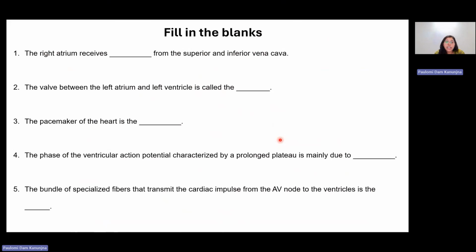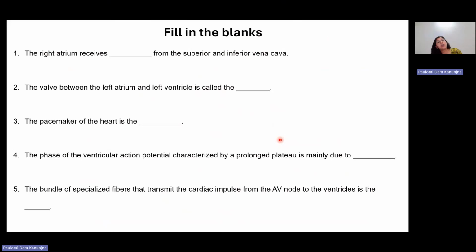Okay. The question says the right atrium receives dash from the superior and the inferior vena cava. What kind of blood? The valve between the left atrium and the left ventricle is called what? So which valve is present there? Pacemaker of the heart is which cell or which node? Phase of the ventricular action potential.